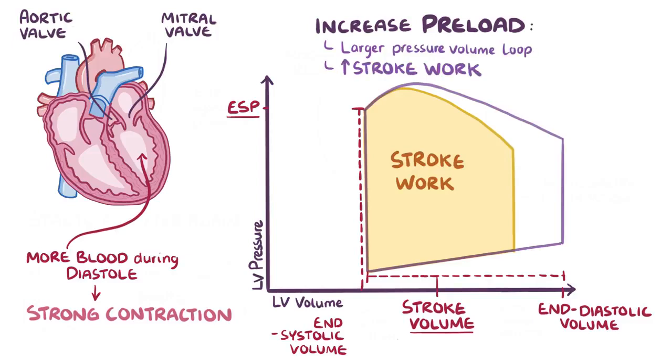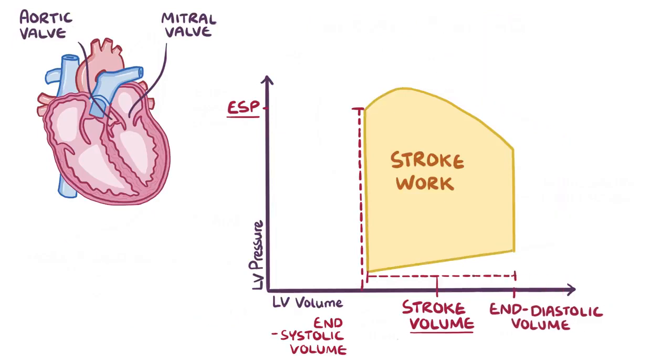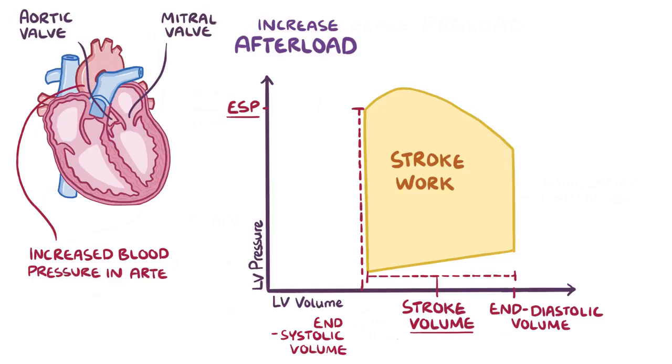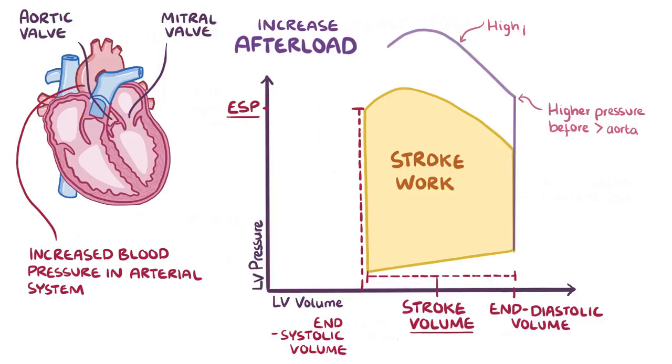Okay, now let's try out another change. Let's say we increase the afterload by increasing the blood pressure in the entire arterial system, including the aorta itself. That means that during isovolumetric contraction, the pressure in the left ventricle has to get higher than it was before because it needs to exceed the aortic pressure, which is higher. That's the only way we're going to get the aortic valve to open. During the ejection phase, relatively high pressured blood leaves the ventricle until the aortic pressure is higher than the ventricle pressure.